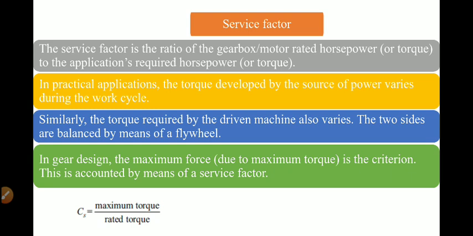So what is the definition of it? The definition is CS equals maximum torque upon rated torque, or MT max upon MT. MT is torque, so T max upon T, or it is also called starting torque upon rated torque for a motor. For a motor, we know that starting torque is more due to inertial effect. So CS, service factor, is starting torque upon rated torque.